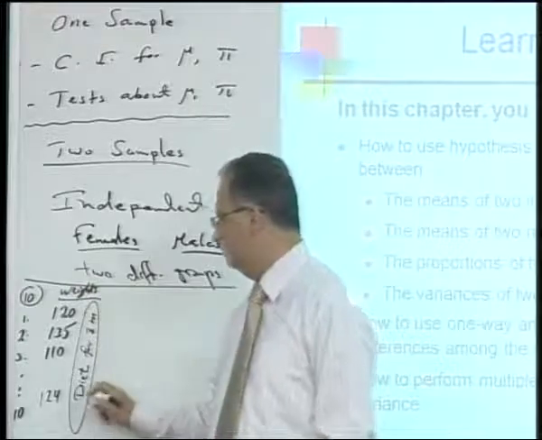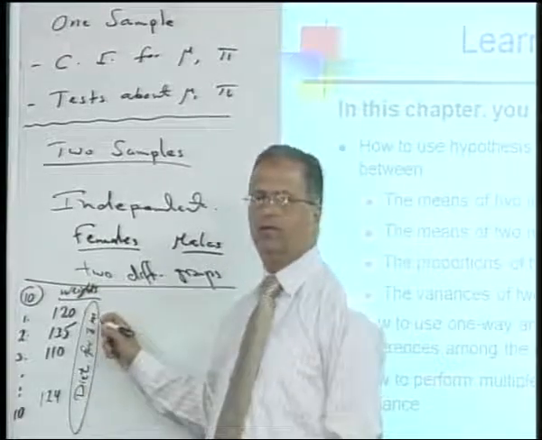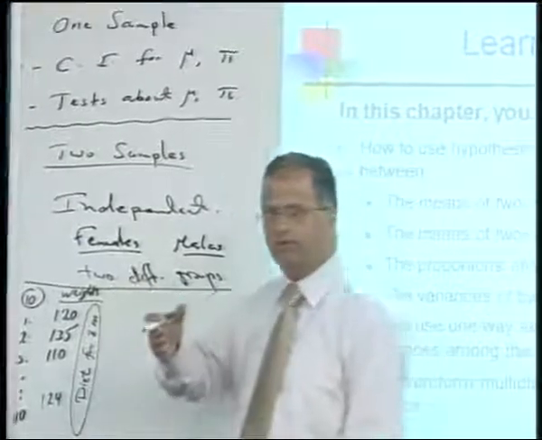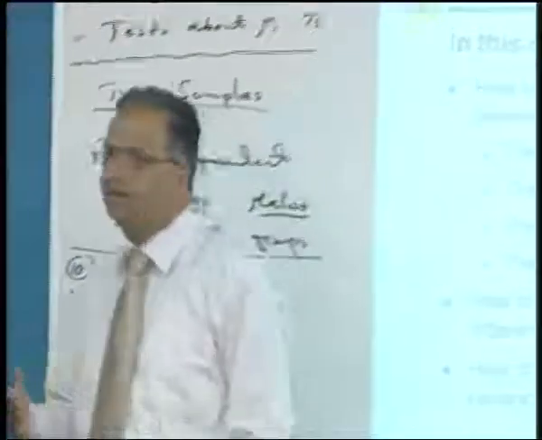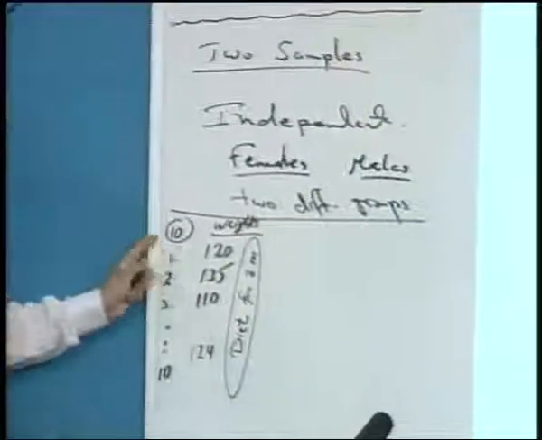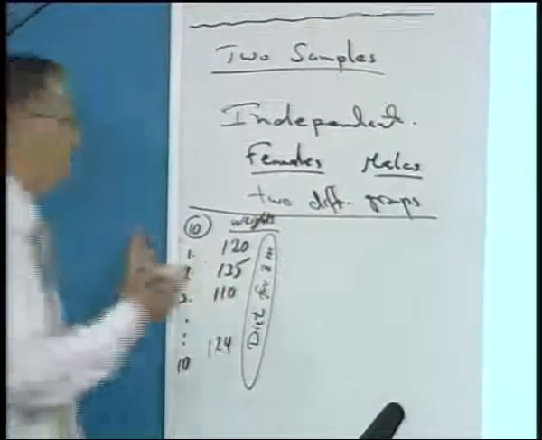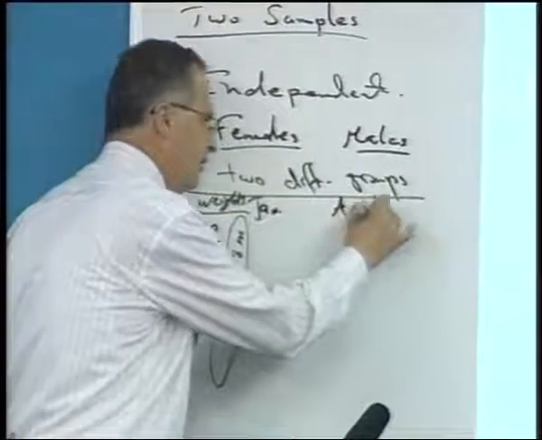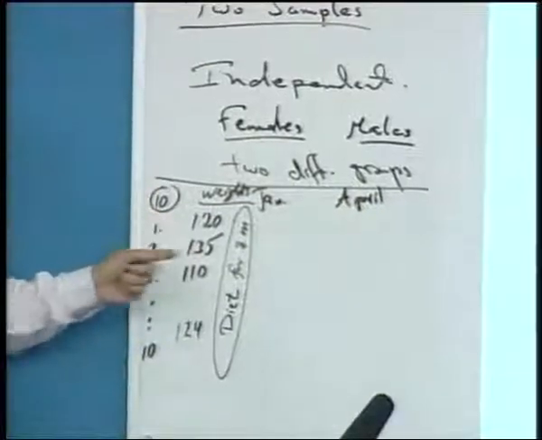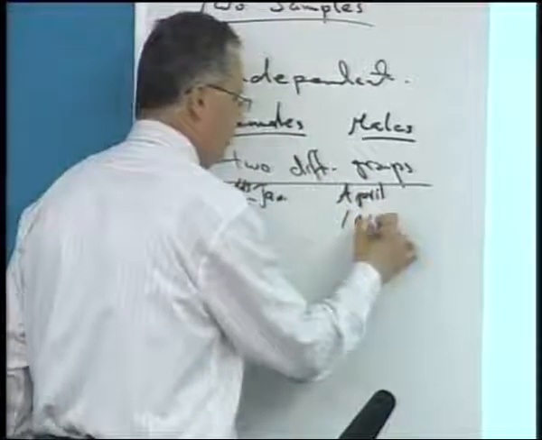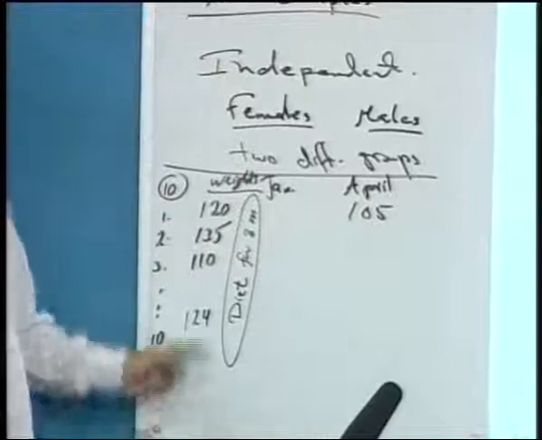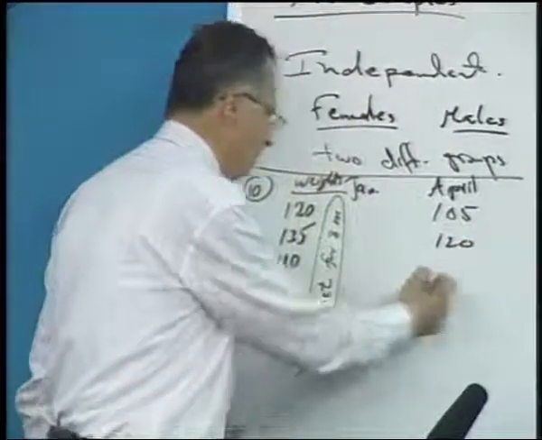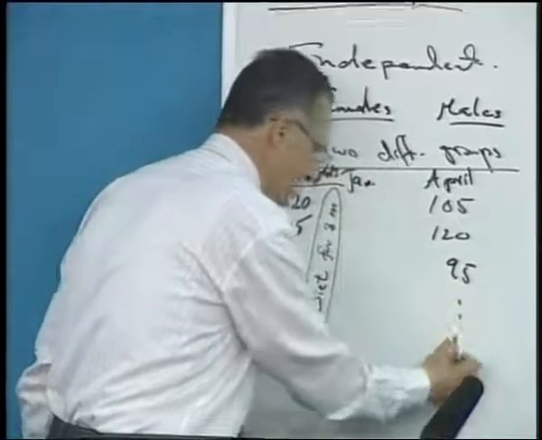Then they have a diet for 3 months, and after that we measure their weights. Suppose the first person's weight was 120 in January. Now in April, suppose 105 kilograms. The second person, suppose 120. The third one, suppose 95, and so on.